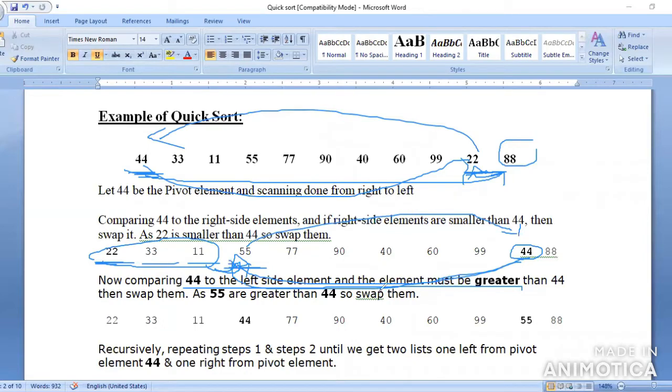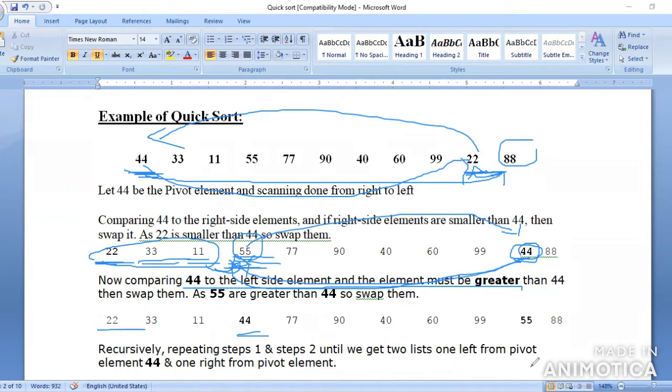So what is the answer here? Then you have to write 22, 33, 11. Instead of 55 you have to write 44. Then 77, 90, 40, 60, 99. In place of 44, replace 55, 88. So what will we do? Repeat recursively the first step and second step until you get the sorting of the elements for the given quick sort method.